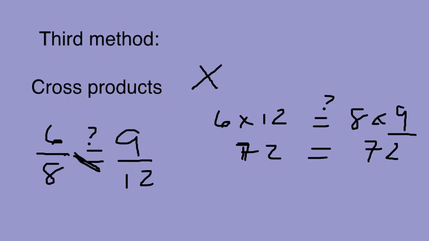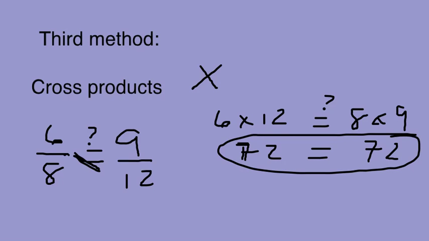So if these two numbers are equal to each other, then yes, you have a proportional set of ratios, or the ratios are proportional. Okay, let's do one more example with cross products, and that is on your page, 4/8 and 5/9.